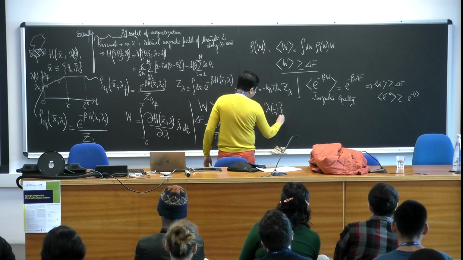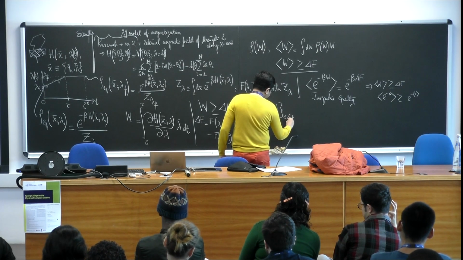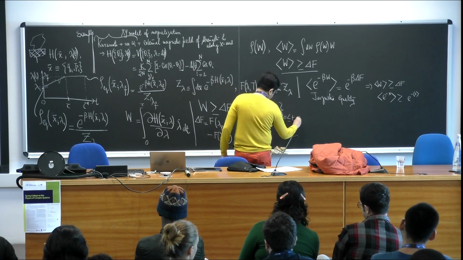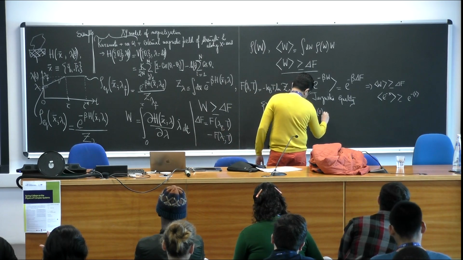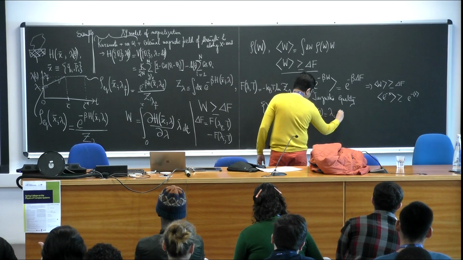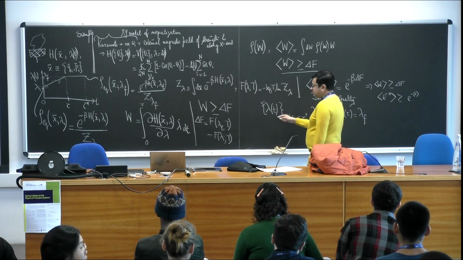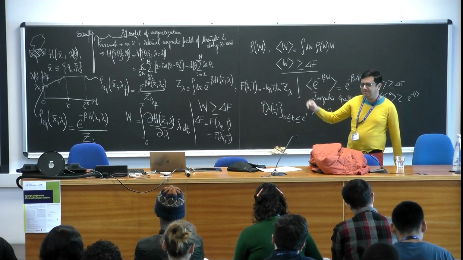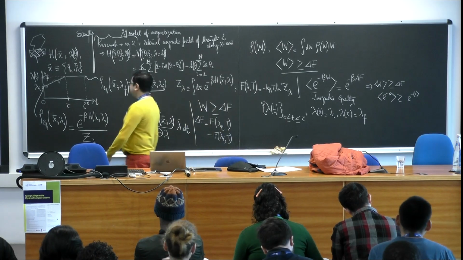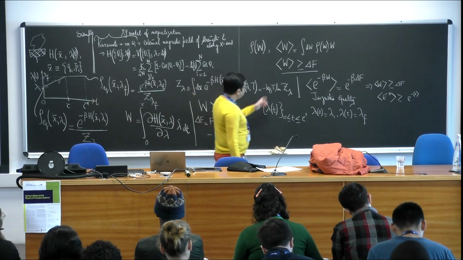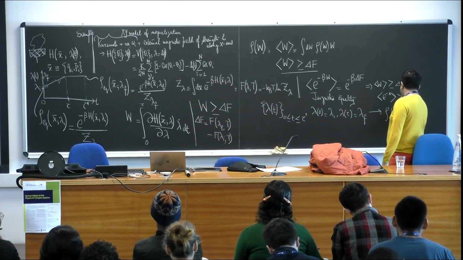So this is my protocol, t lies between 0 and tau, such that lambda 0 is equal to lambda I and lambda tau is equal to lambda f. This is how I define the way I change lambda. In doing so, I get a distribution of work which is rho of W.